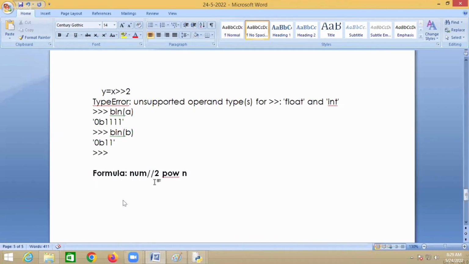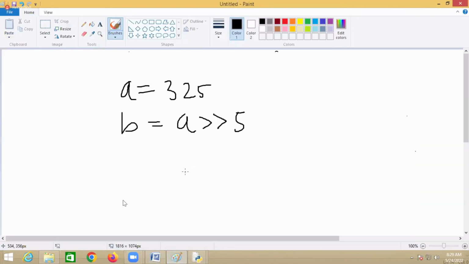Number divided by, which division am I using? Floor division, because I get the result as an integer type. Number is operand 1 and n is operand 2.